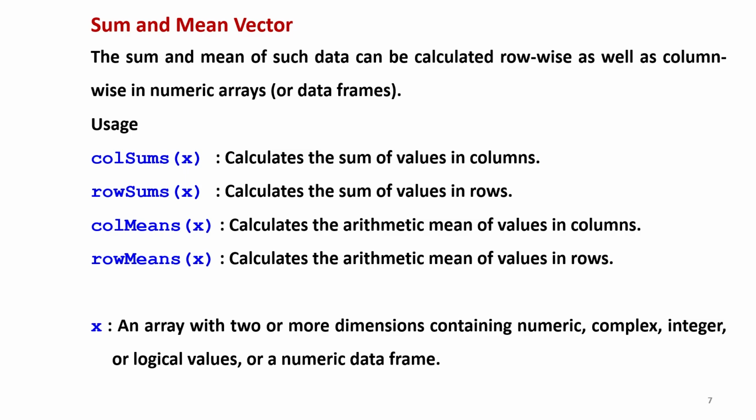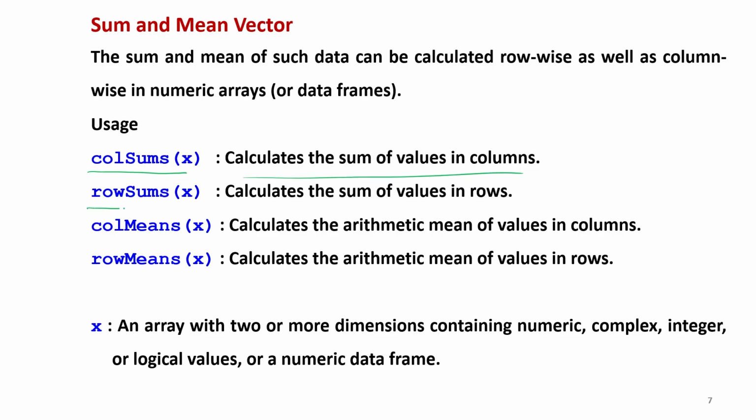So, there are commands for the row wise sum, column wise sum, row wise mean and column wise mean, right. The commands here are colSums, with COL, capital S, and then lowercase ums. This will calculate the sum of the values in the columns of the matrix X.